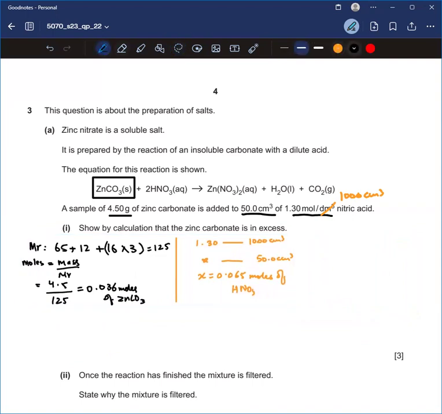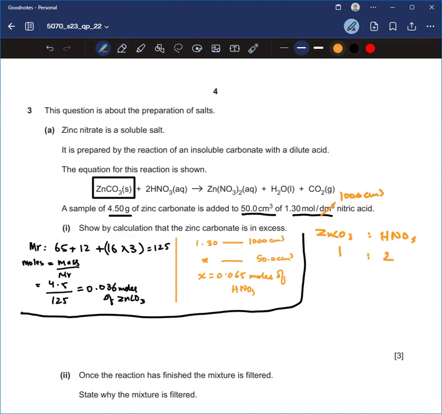The ratio of zinc carbonate and HNO3 is 1:2.